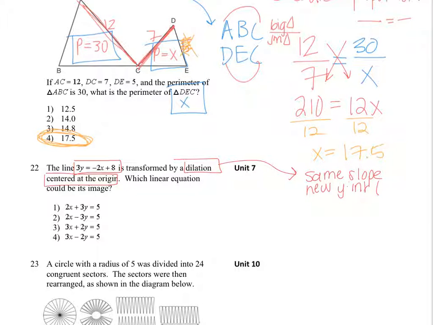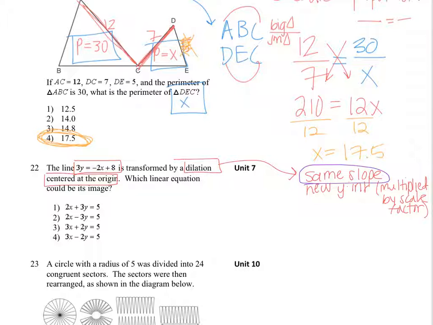And to find the new y-intercept, we multiply it by the scale factor. They did not give us a scale factor in this problem, but we can still find the new equation by looking for lines that have the same slope.